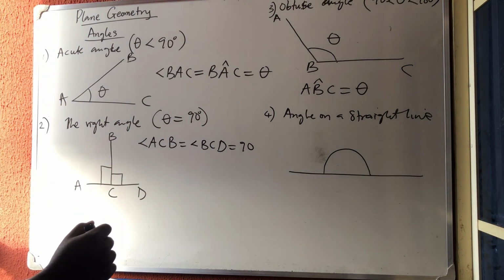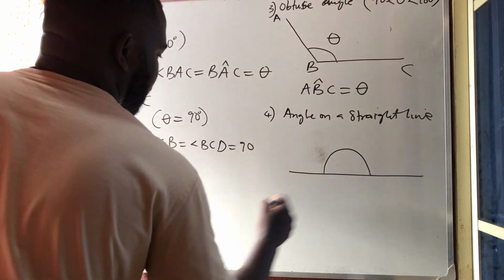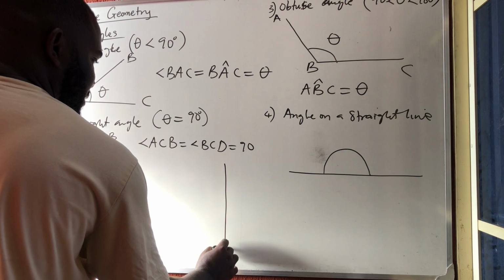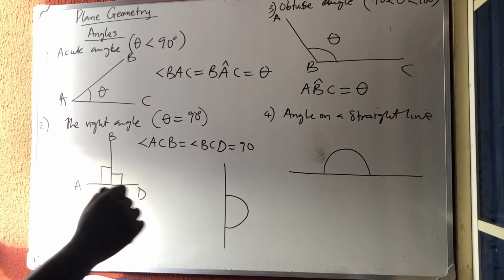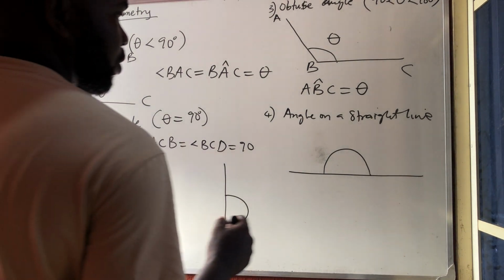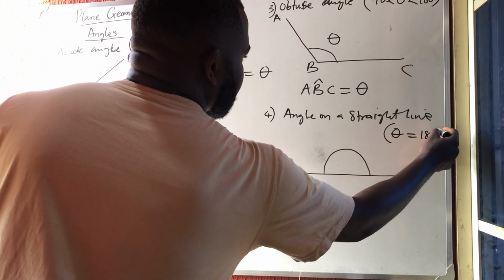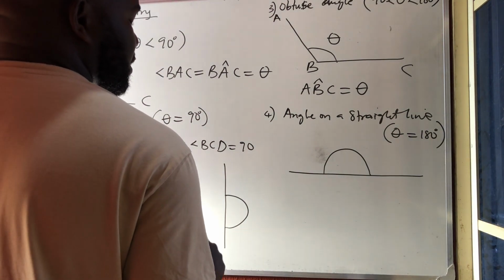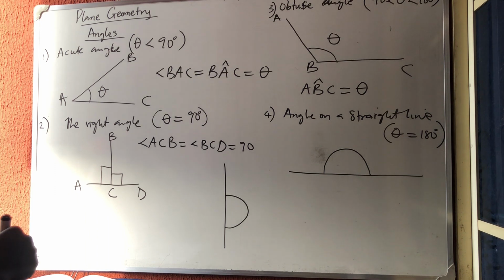It could be like this, or even from the bottom like this, or maybe you have a straight line like this, from here to here. Anything that forms a semicircle is called an angle on a straight line. In this case, theta is equal to 180.